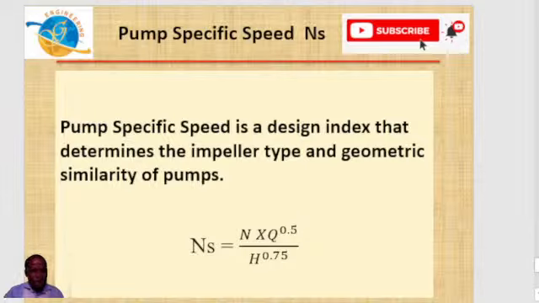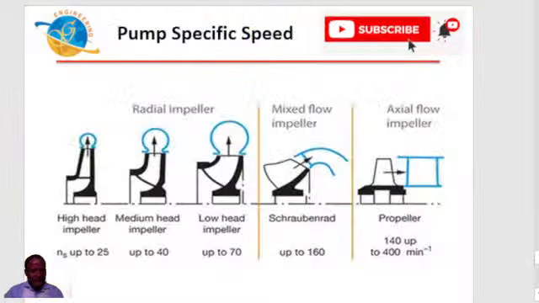So with the value of your pump specific speed, if it is between say 25 to 70, you know that the impeller shape that is most suitable for that task, for that operation, is the radial flow impeller. If it is close to 160, then you know that it is best to use a mixed flow impeller for that application.